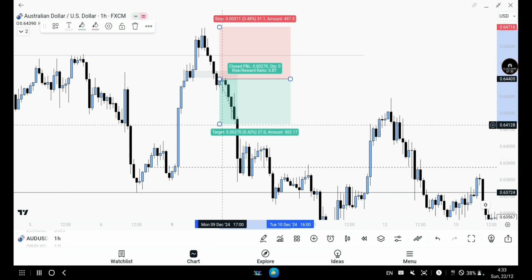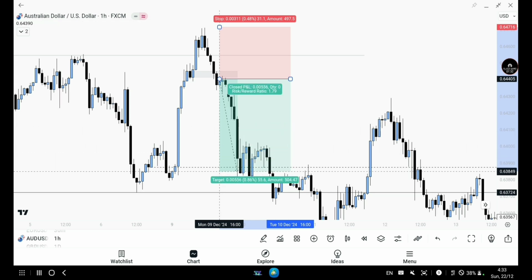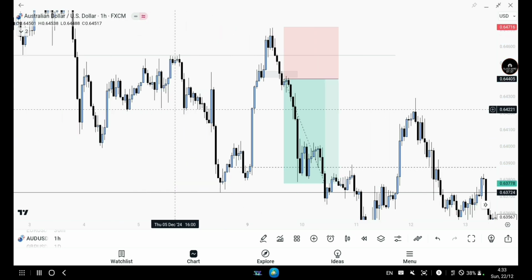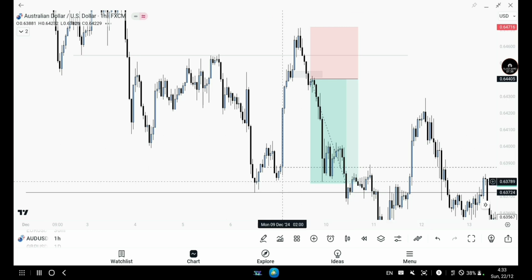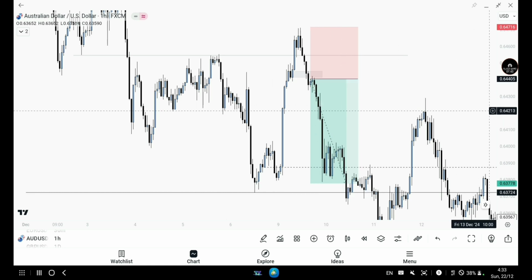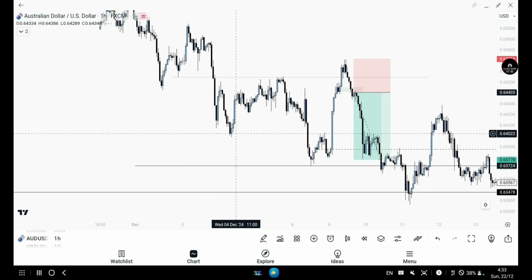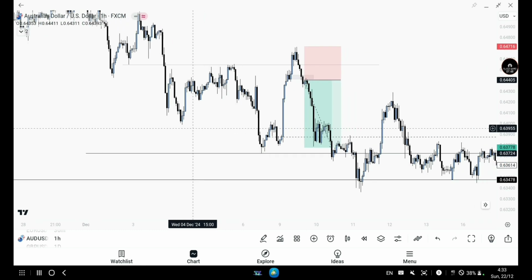There you go. And you target a 1 to 2. And it's around here. That's where you get your 1 to 2, and your take profit would be hit around the new week's open. You see? So this model is quite mechanical and simple to trade.